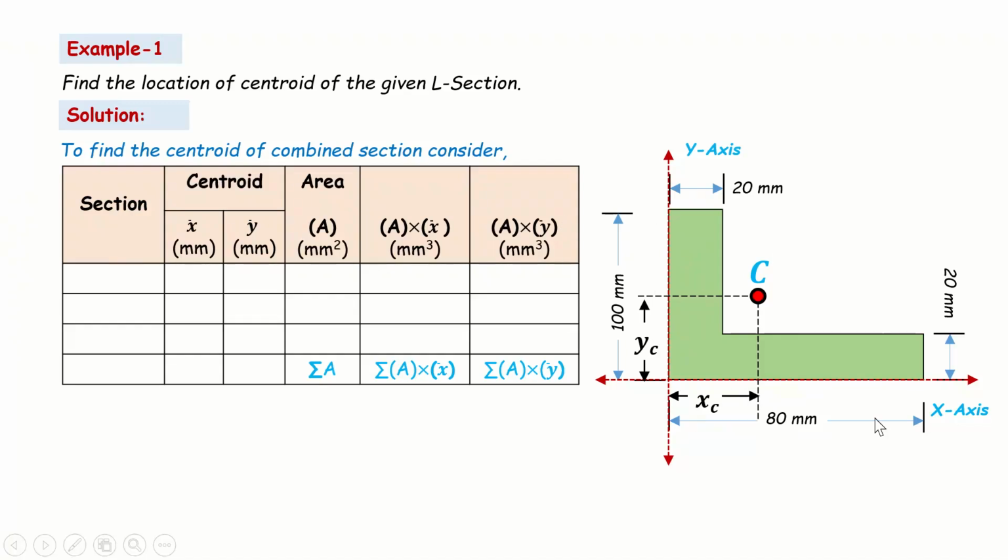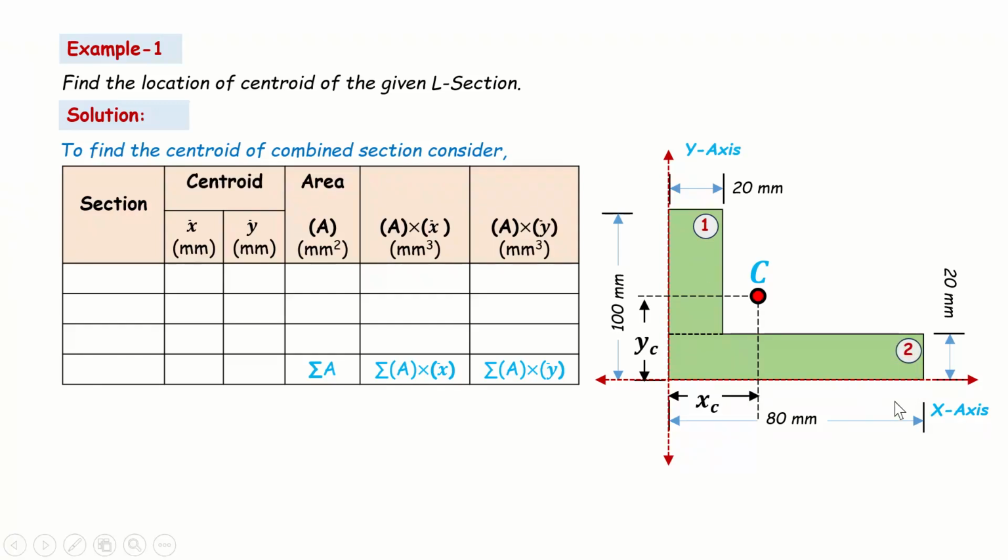First of all, I am going to divide the entire composite section into the individual sections, the smallest areas possible. Here we have one rectangle, which is one individual area, and the bottom horizontal rectangle is another individual area. I will name them. This is the first area or first section, and the bottom one is the second area.